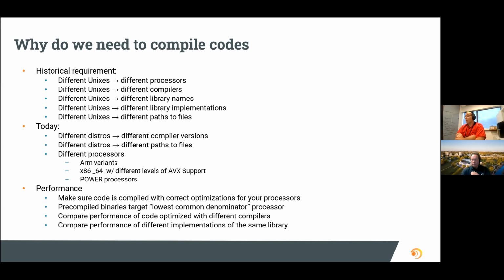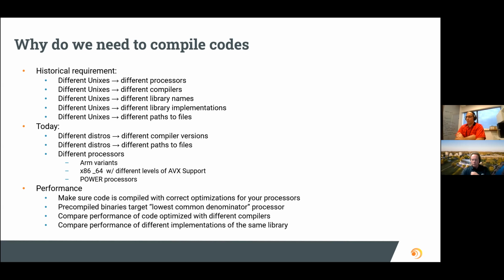And there could be other optimizations you want to make. Some codes, you can't make all the optimizations because of rounding errors and stuff like that. You have to eliminate certain optimizations, and those might be different between different processors, how they optimize, that kind of thing.